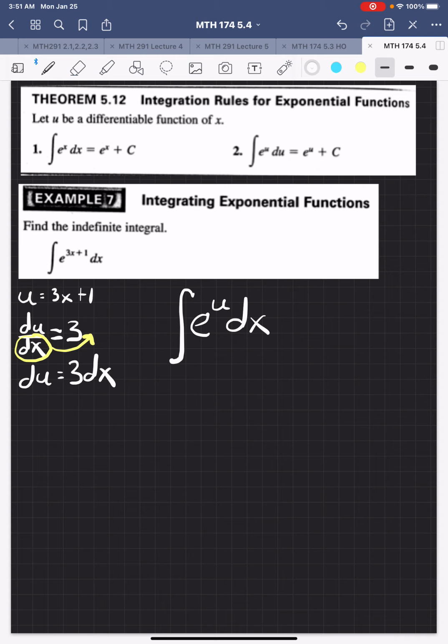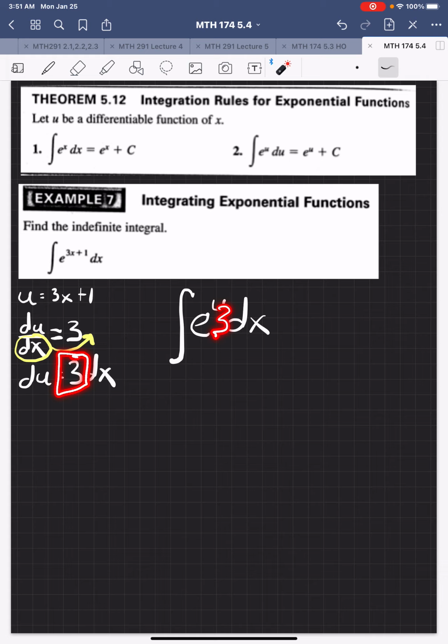Okay. So what does that mean? That means if I have a 3 and I have a dx, then I can insert du. Well, look, I have the dx. The thing I'm missing is the 3. I need a 3 to be here, because as soon as I have 3 dx, then I can turn that whole thing into du.